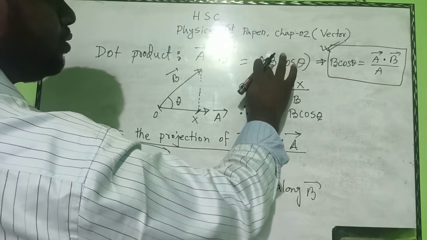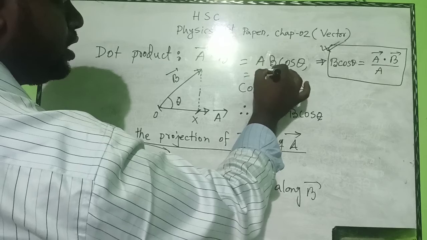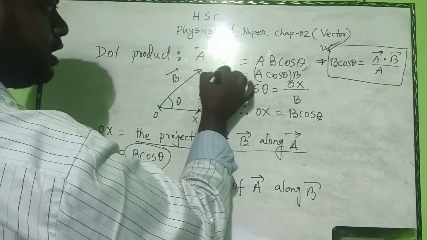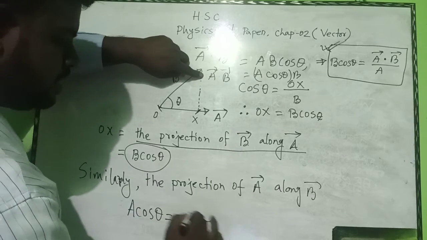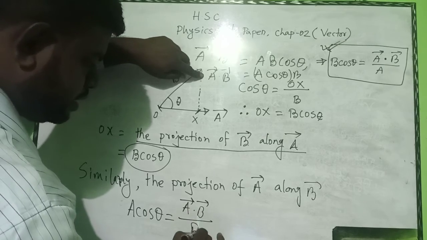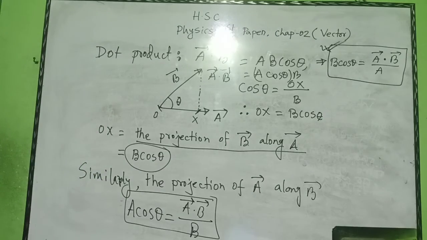From A dot B equals AB cos theta, you can write A cos theta equals A dot B divided by magnitude of B. So this one is the projection of A along B, and this is the projection of B along A.